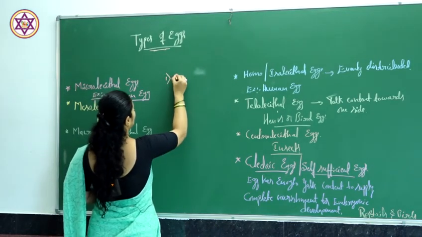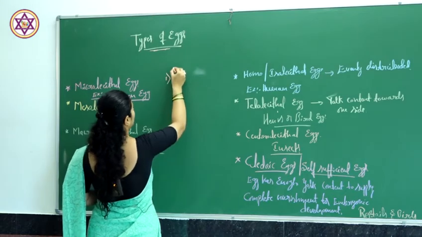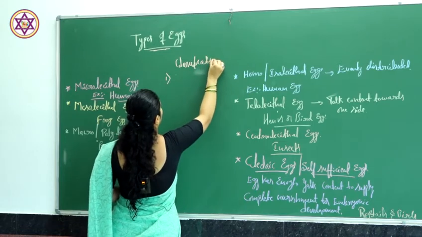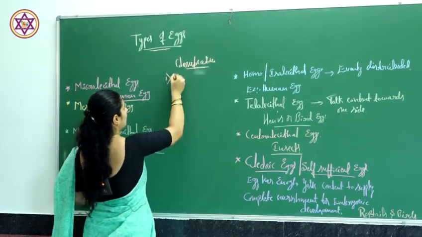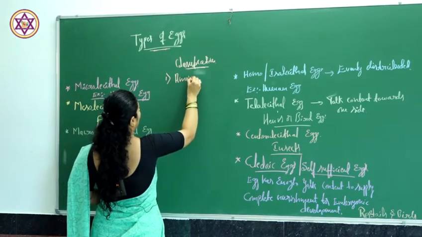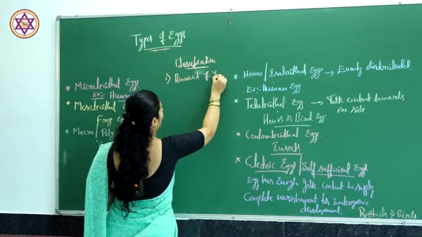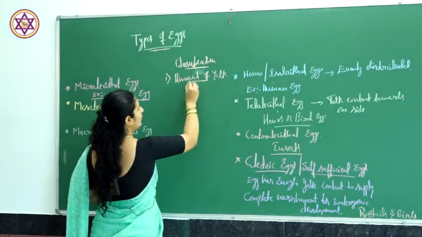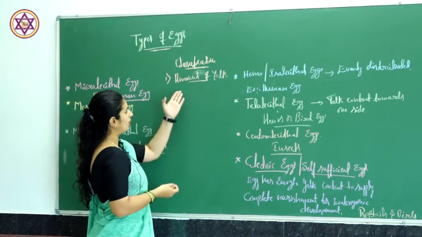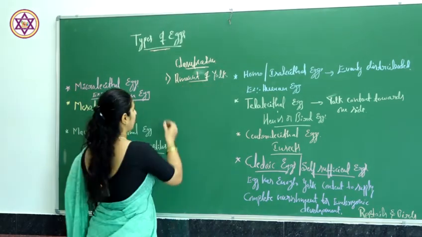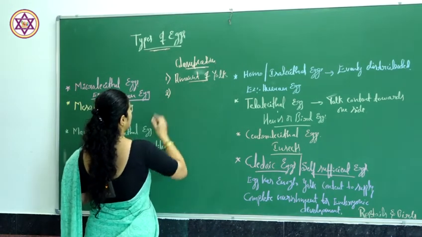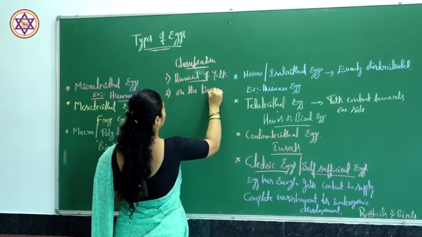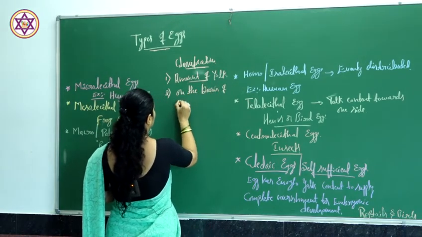The first one is the amount of yolk which is present in the eggs, and the second one is on the basis of distribution of yolk.